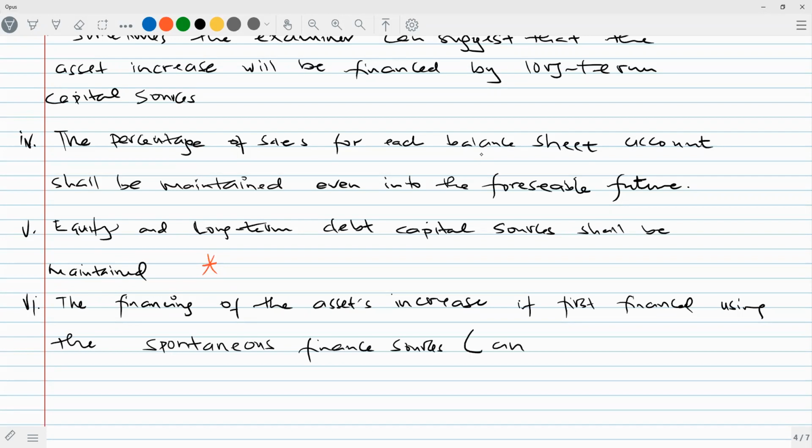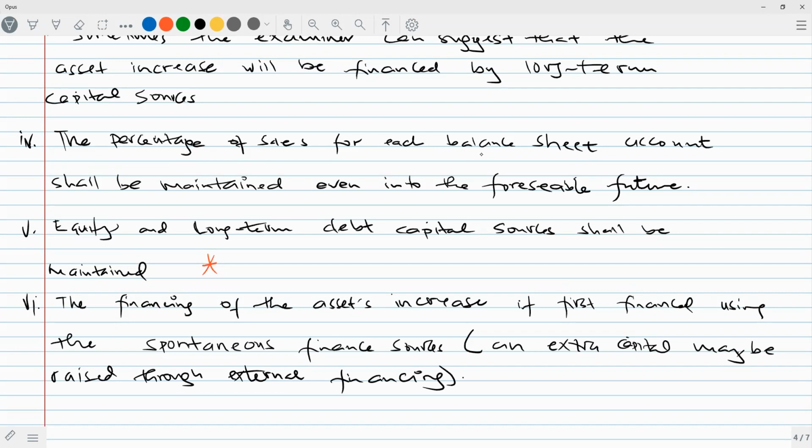Any extra capital need may be raised through external financing. But first of all, we're going to raise the money from the spontaneous finance sources.